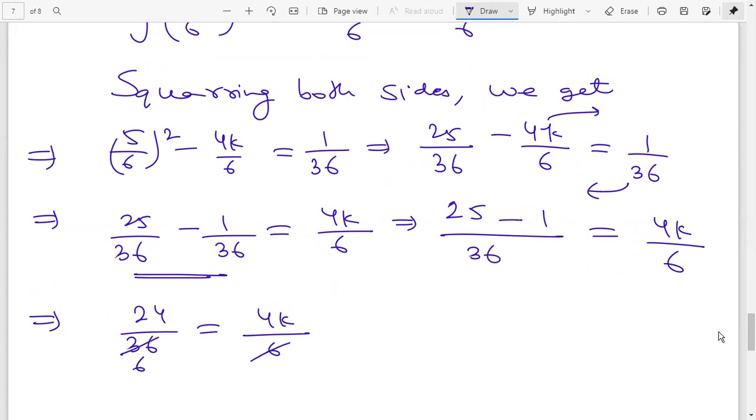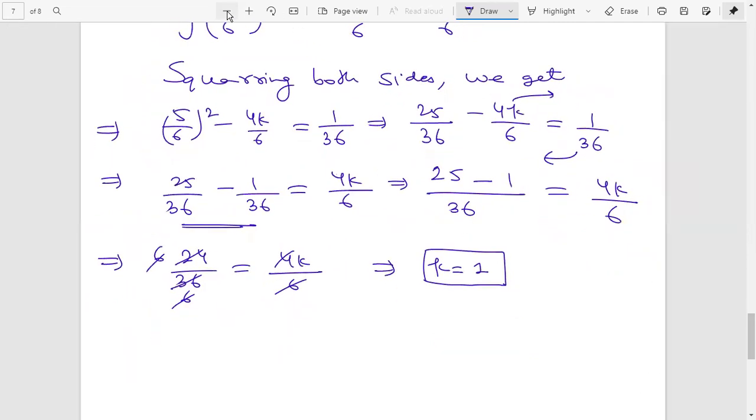So 6 sixes are 36, 4 sixes are 24, and 6 is cancelled. Finally we got k equal to 1. Easy question, k equal to 1 is the final value.